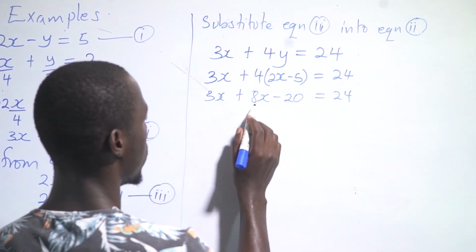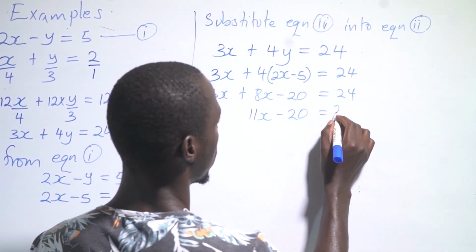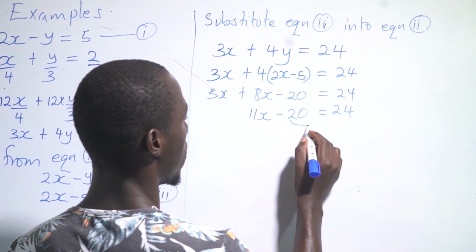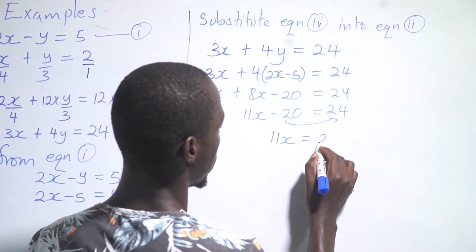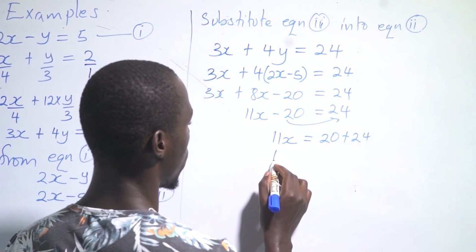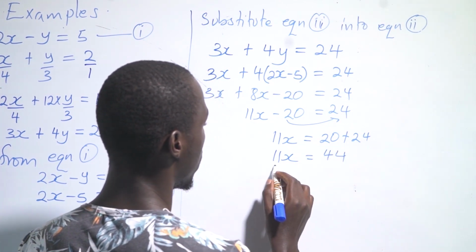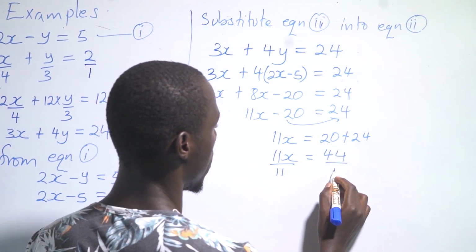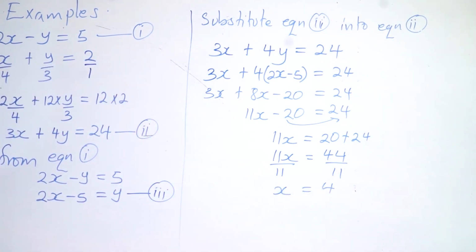Then when I add these two, I get 11x minus 20 is equivalent to 24. Then I take the 20 the other side to become a positive. So that is 20 plus the 24. So when I add this, I'm going to be having 44. Then I divide both sides by 11 to get the x value as 4.